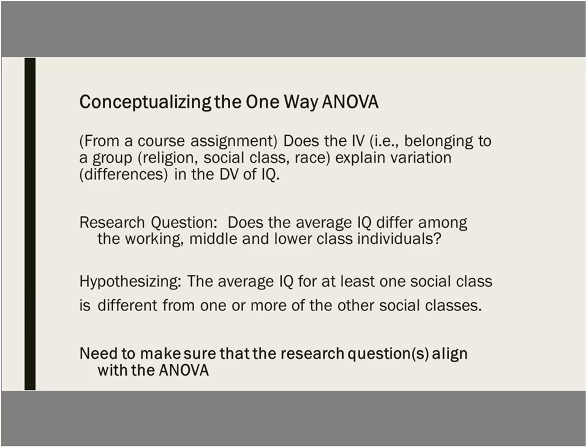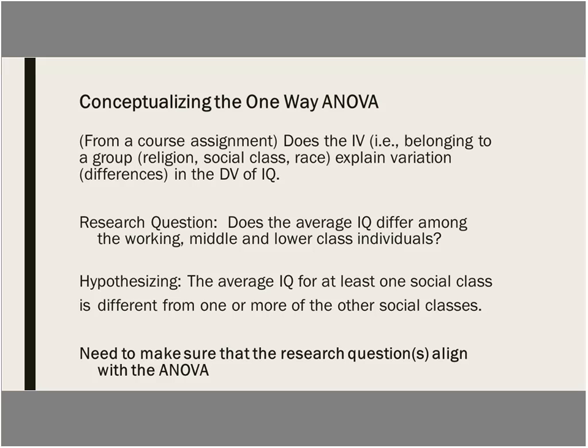But then you have to say, okay, your research question needs to be aligned with the problem statement. So you have to phrase the question in a way that exhibits an ANOVA. Does the average IQ differ among the working, middle, and lower class individuals? Because here we're asking a yes or no question, and then of course you'll have to do some post hoc tests if you reject, and then you have to be able to explain those results and what they mean.